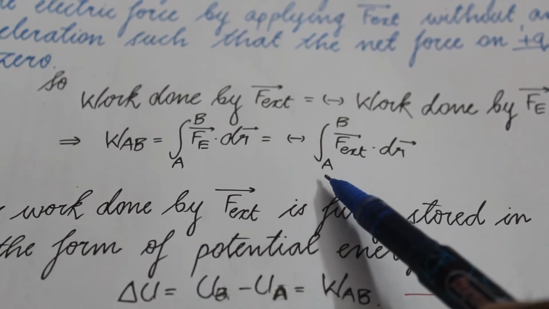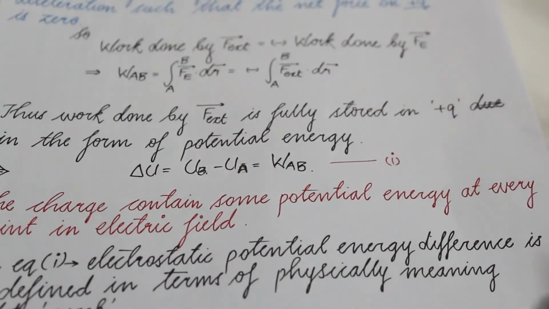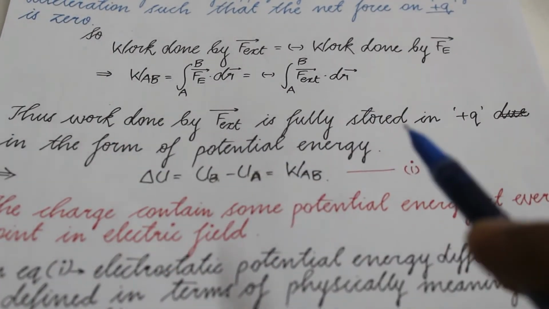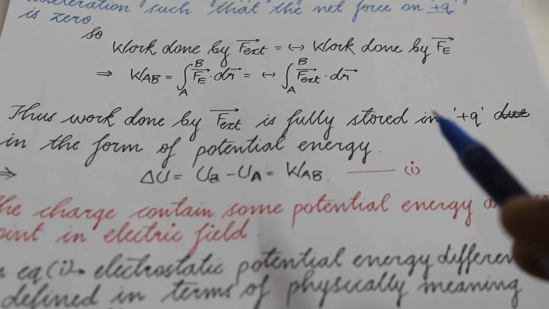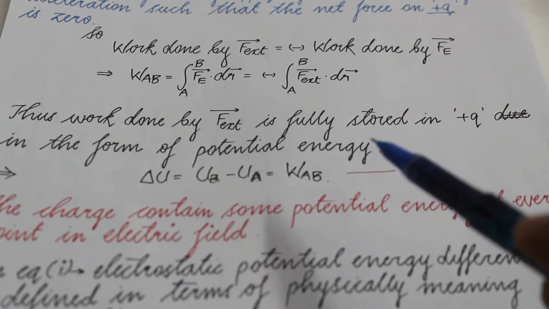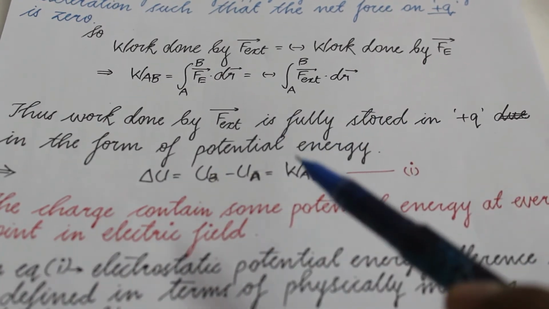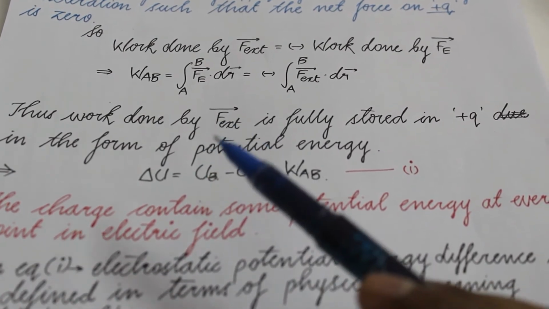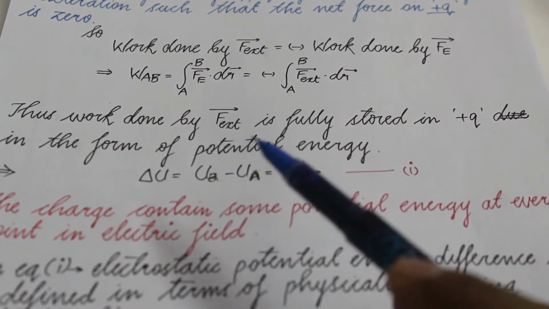The limit will be from A to B. Since this work done is negative, it will be fully stored in the plus q charge in the form of potential energy. Since we are talking about potential energy in an electric field, this will be known as electrostatic potential energy. As we know, the work done is equal to the change in potential energy, so it will be written as UB minus UA.